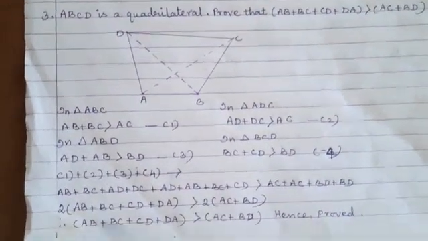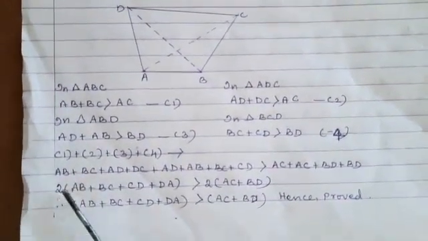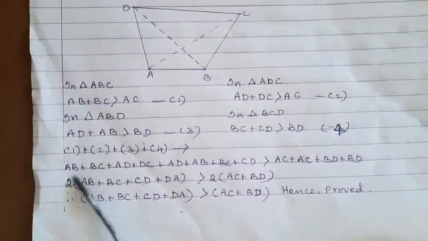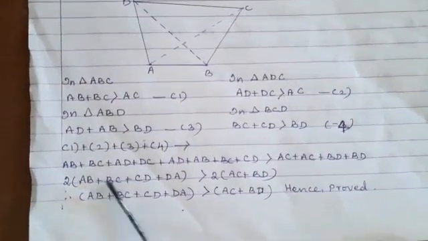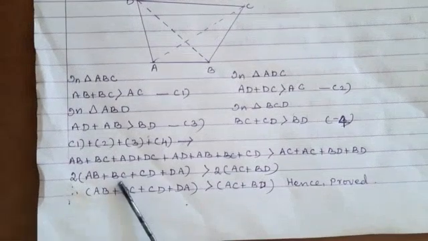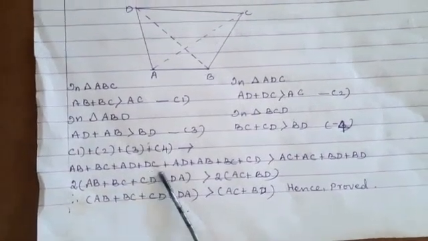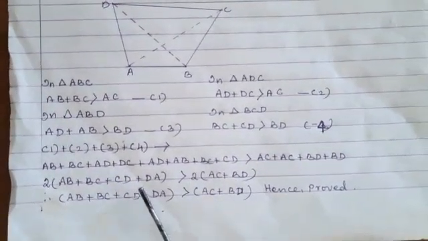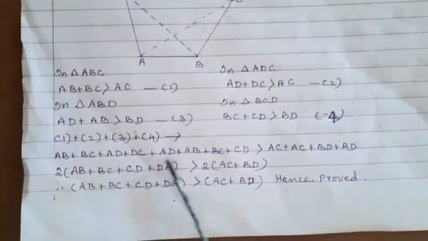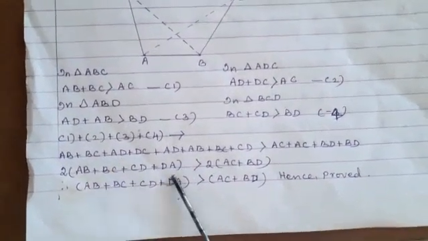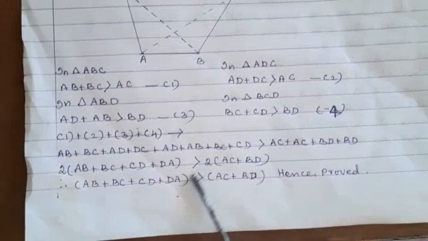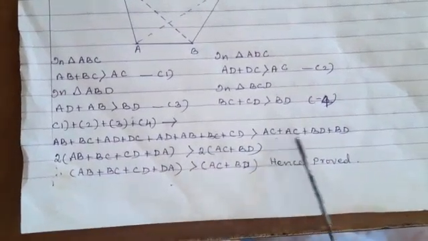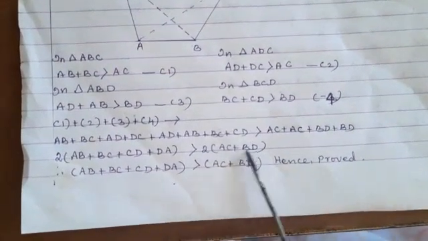Now there are two AB, so I'll take 2 common outside, and in the bracket AB. Then BC there are 2, CD there are 2, then DA, AD is equal to DA, that is 2 times DA, is greater than 2 times AC plus 2 times BD.